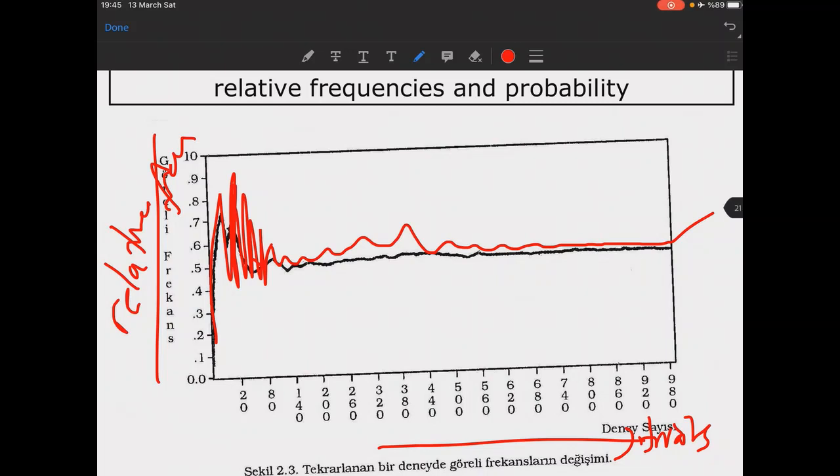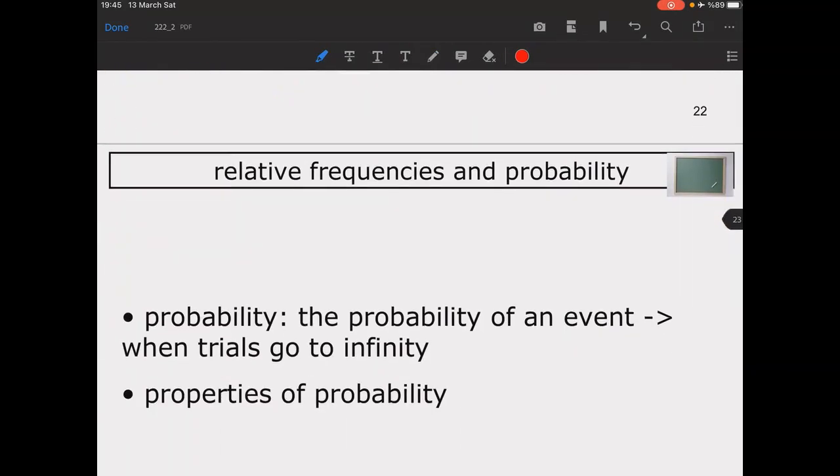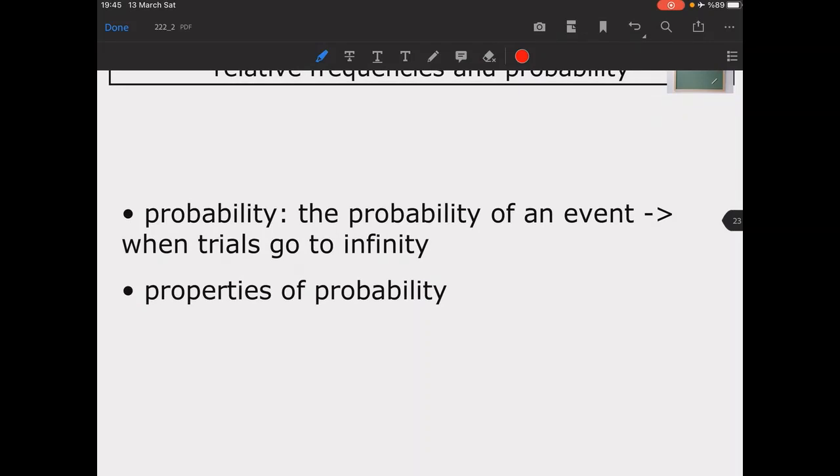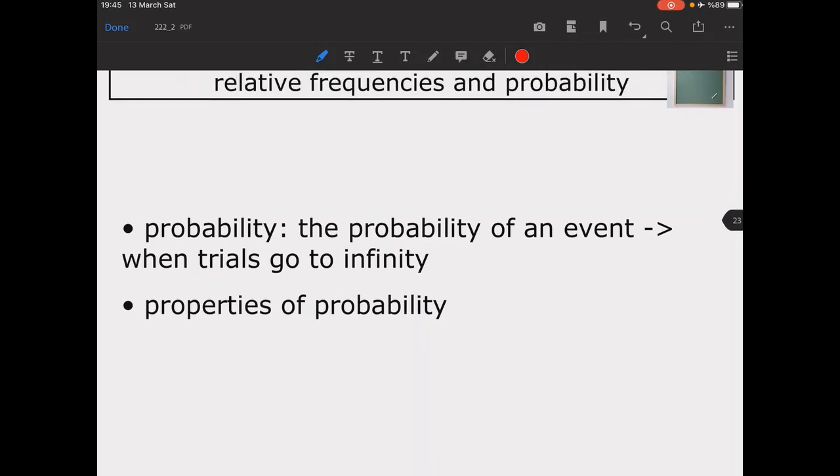Suppose that you continue those trials up to infinity. Now you will get your perfect outcome or expected probability. So that's the idea.